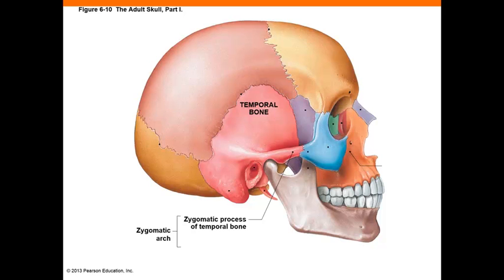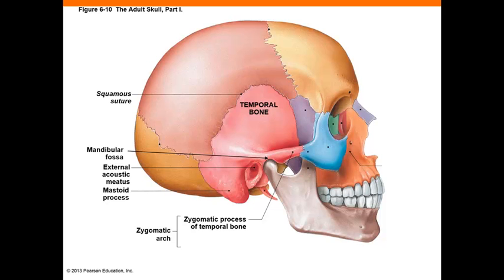We also have the squamous suture, there it is, and the external acoustic meatus. It's also known as the external auditory meatus. This is the tunnel for your ear. We have the mandibular fossa, the mastoid process, and the styloid process of the temporal bones as well.